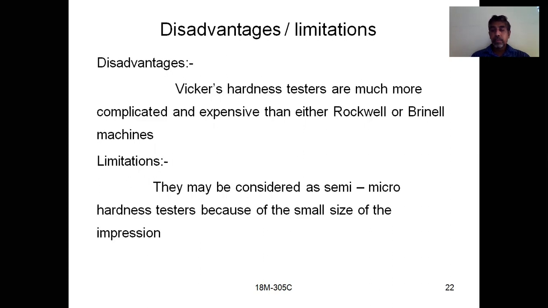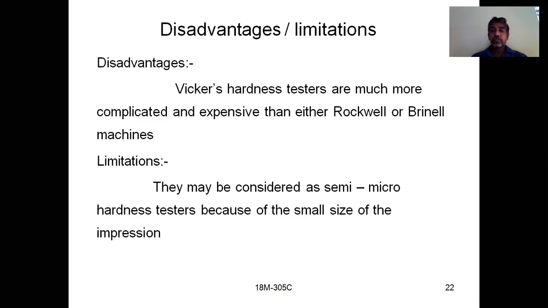Later we came across another testing procedure, that is the Vickers hardness testing machine. So what is meant by Vickers hardness testing? Vickers hardness testing is used for smaller cross sections, for harder materials, and for strain hardening elements also.